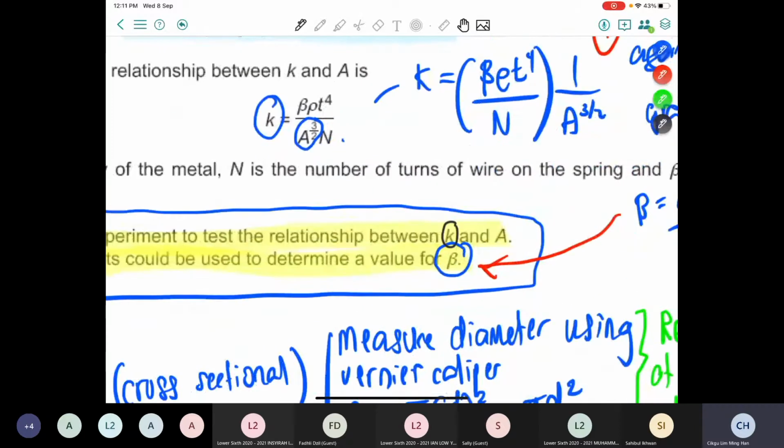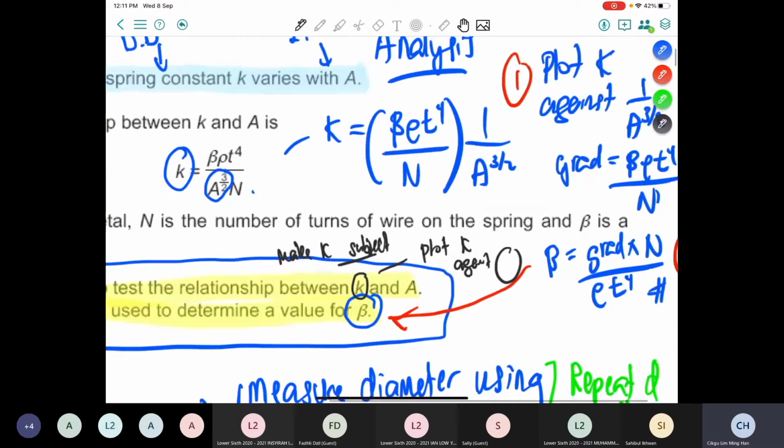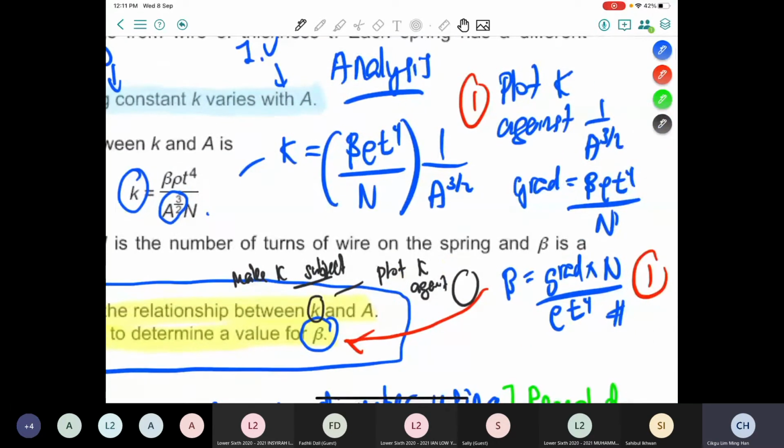So this is the subject, so you make K the subject. So it will be K plotted against something with the A. So for this case it will be A to the power 3 over 2, like that.